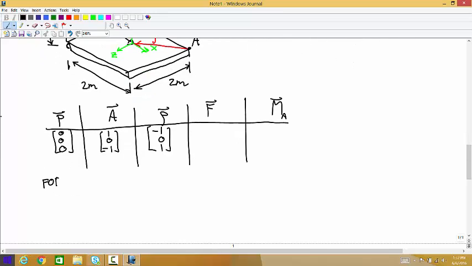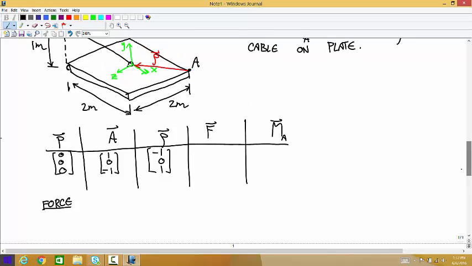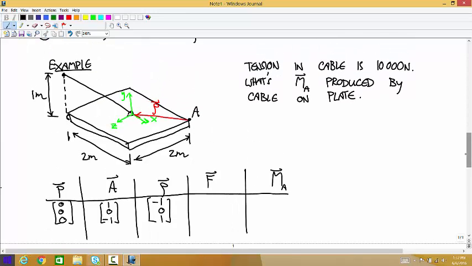So for the force, let's first figure out a vector that's in the right direction. I'll call that u. A vector in the same direction as the cable force on the plate is the coordinates of this minus the coordinates of this.